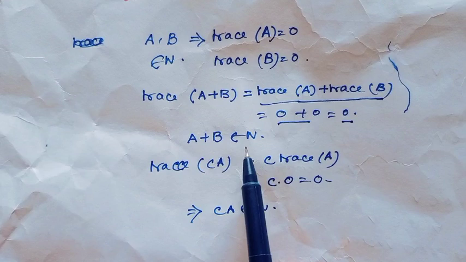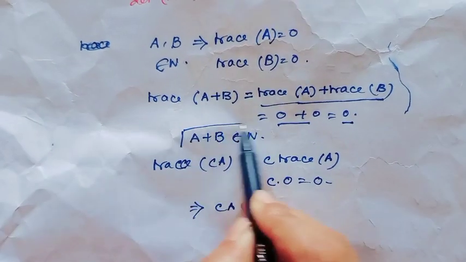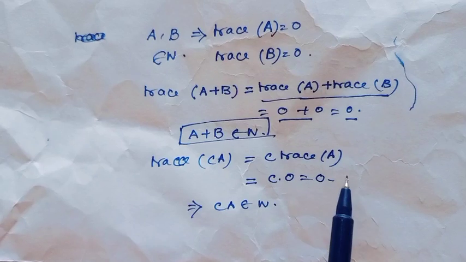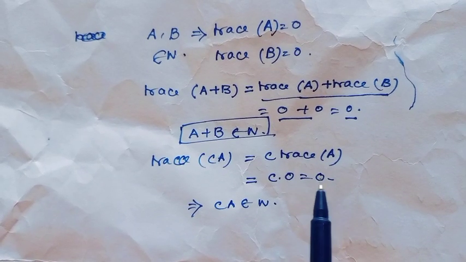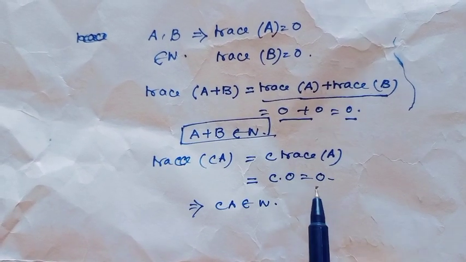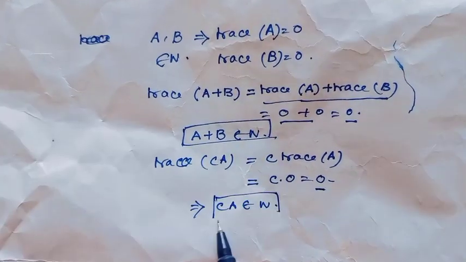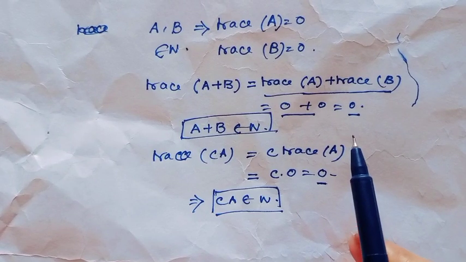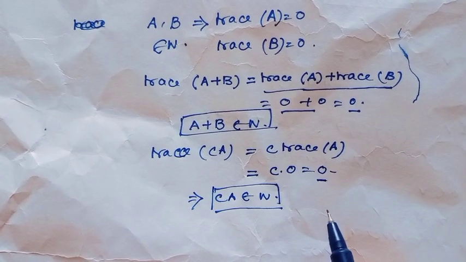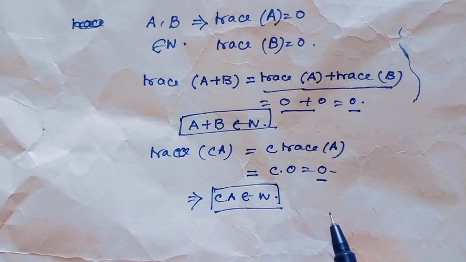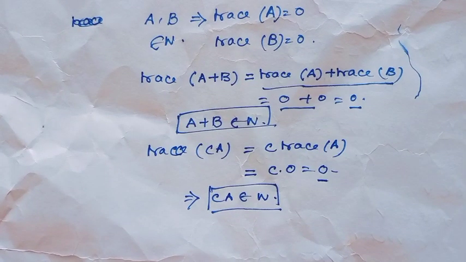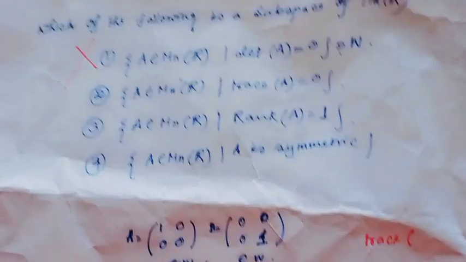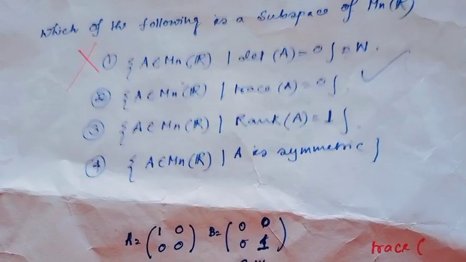That implies A plus B belongs to W. Similarly, trace of cA means c times trace of A. Since trace of A equals 0, c times 0 equals 0. That means cA belongs to W. Therefore, A plus B belongs to W and cA belongs to W. So, this is a subspace of M(n, R). That means option 2 is a right option.